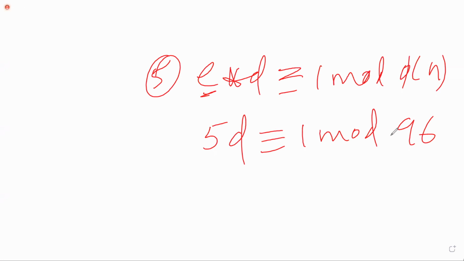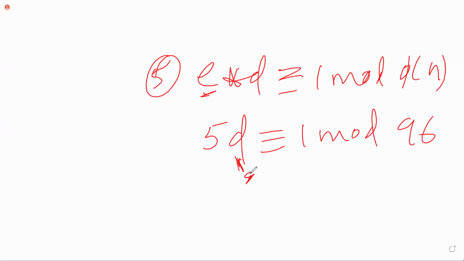So what will be the D value? For which D value does this satisfy? Suppose we take D value as 1. So 5 is congruent to 1 mod 96. Is it true? Not true, right?